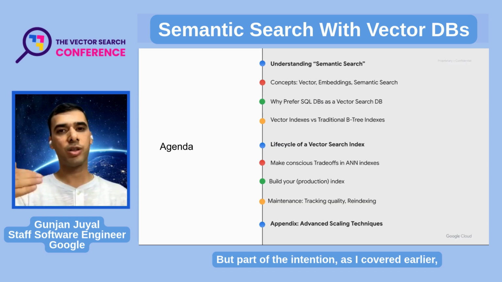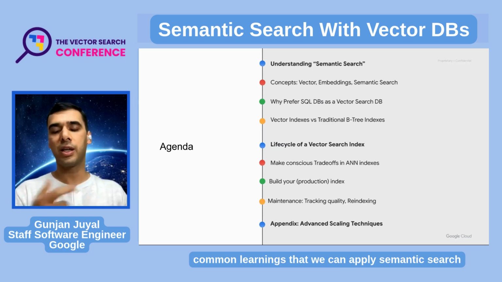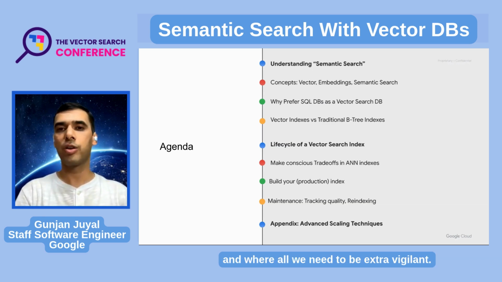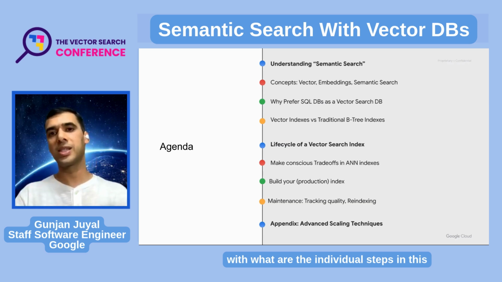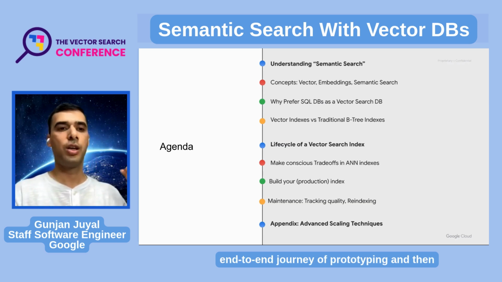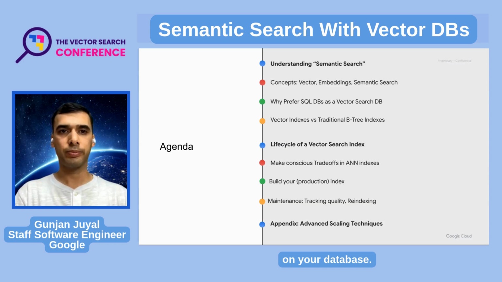But part of the intention as I cover this is to understand what are the common learnings that we can apply to semantic search and where we need to be extra vigilant. After that quick overview, we will jump into the life cycle, starting with the individual steps in this end-to-end journey of prototyping and then productionizing semantic search on your database.